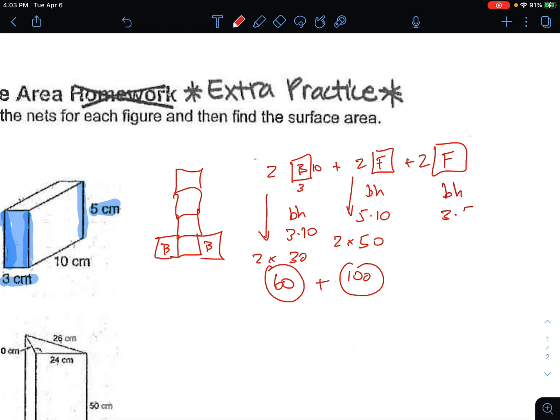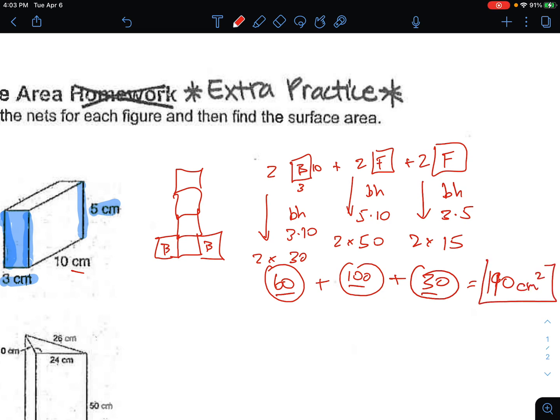It's 3 times 5, which is 15. Don't forget to multiply by 2 because there are two of them. That makes 30. So now we add up 60 plus 100 plus 30. That is 190, I believe. 190 what, though? That's not our full answer. 190 centimeters squared. So that's one way of doing it.